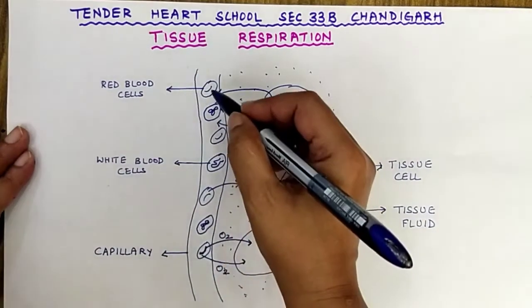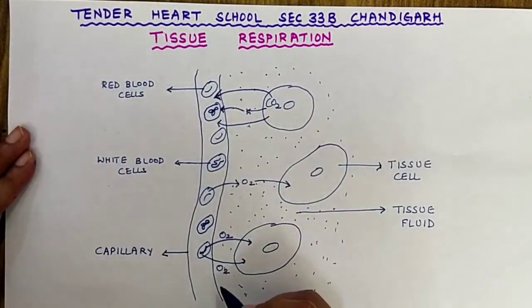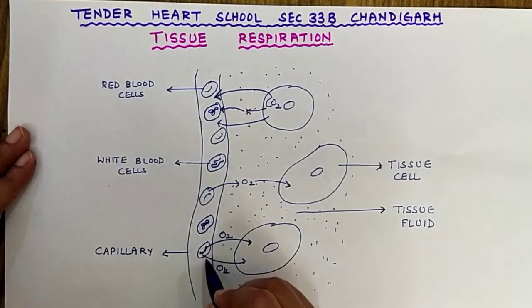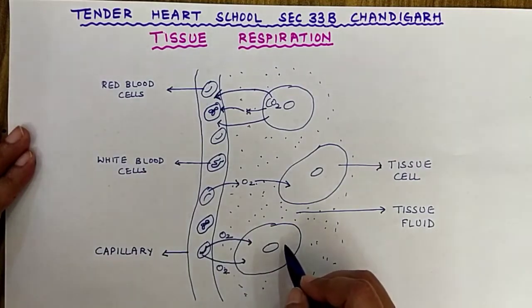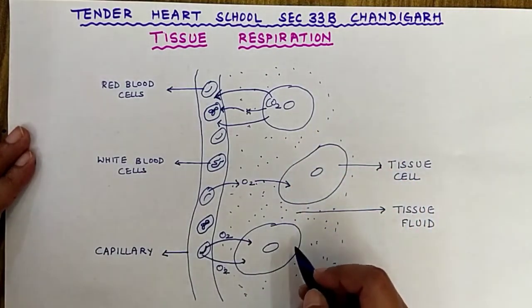Red blood cells transport the oxyhemoglobin throughout the body through the capillaries, and from the capillaries this oxygen is to be received by all the cells in the body, which form different kinds of tissues.